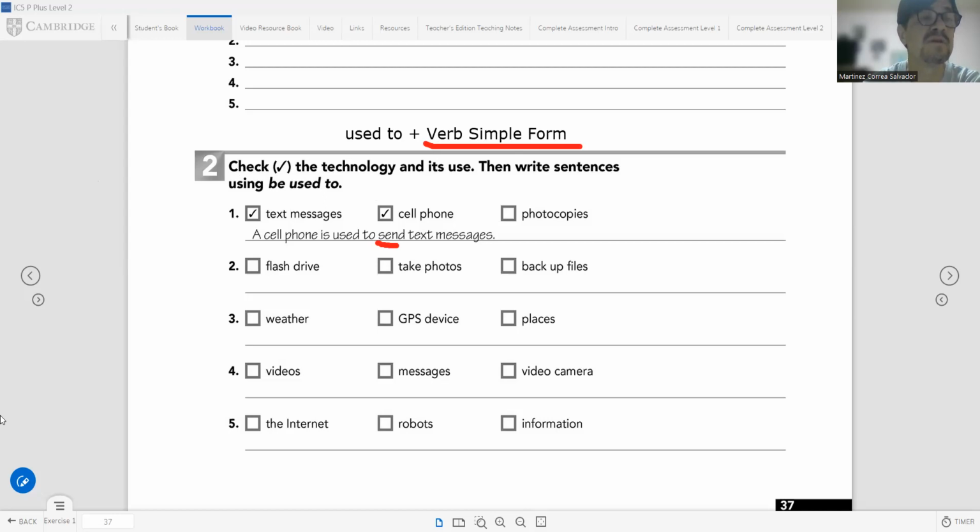For number 2, the technology is the flash drive, and the use is to back up files. So you have to write a sentence.